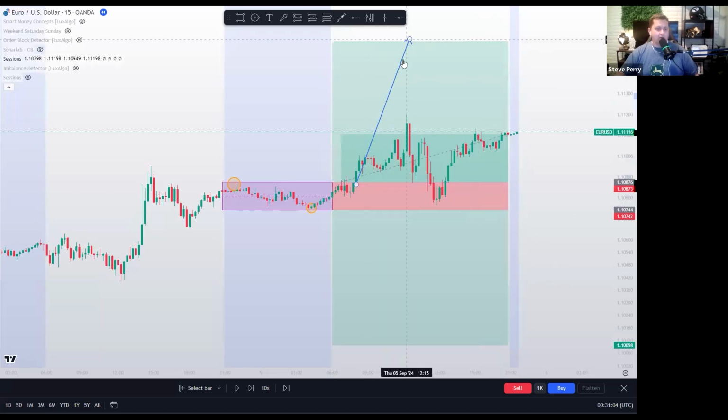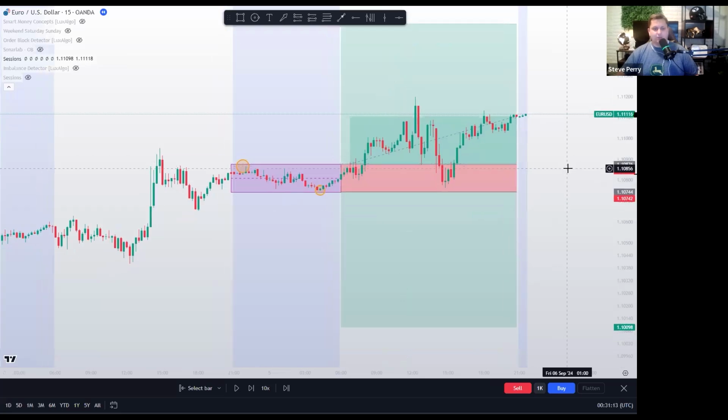So real quick, before we move on to the next part of setting up your sequence multiplier and using the lot size and all that kind of stuff, there are basically three scenarios that could happen when you take these trades. One scenario, which is pretty common, is that you wake up and see a profitable trade.